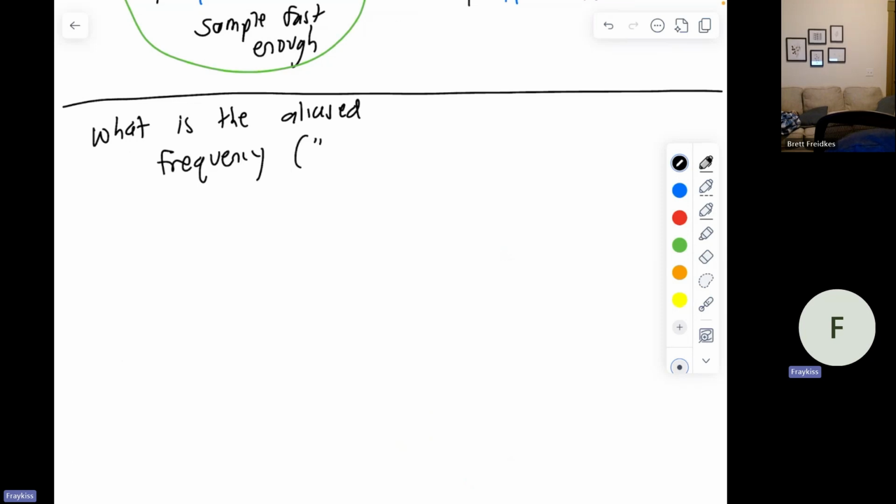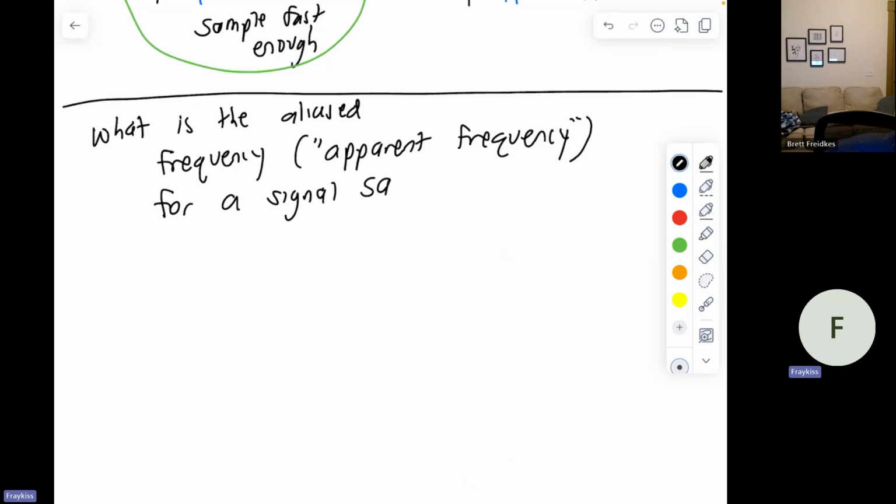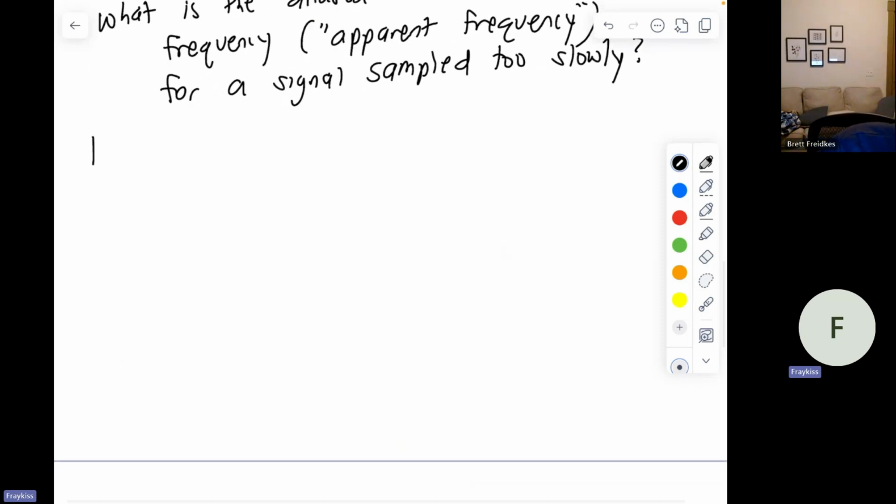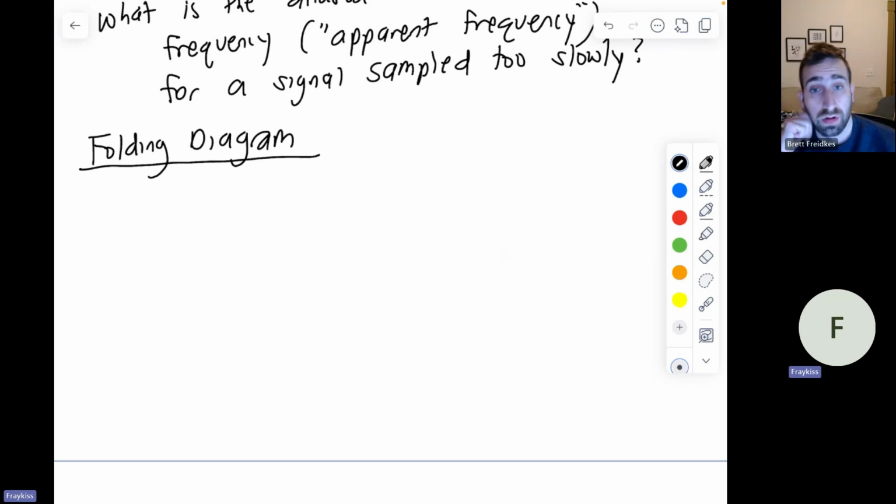And I'll also call this maybe the apparent frequency for a signal sampled too slowly. And that's where the idea of folding diagrams comes in. So a folding diagram is one that is used to predict or to tell us how a signal will present itself if we're aliasing.